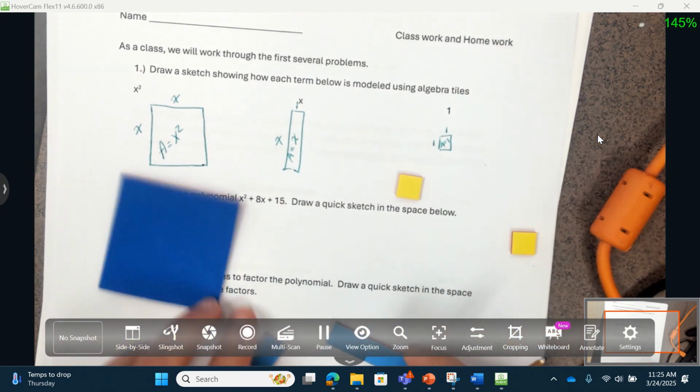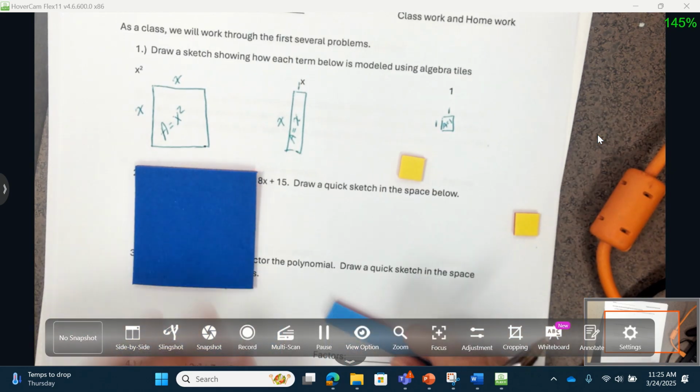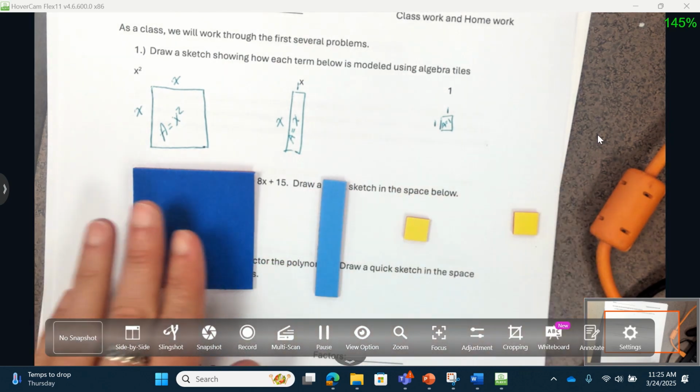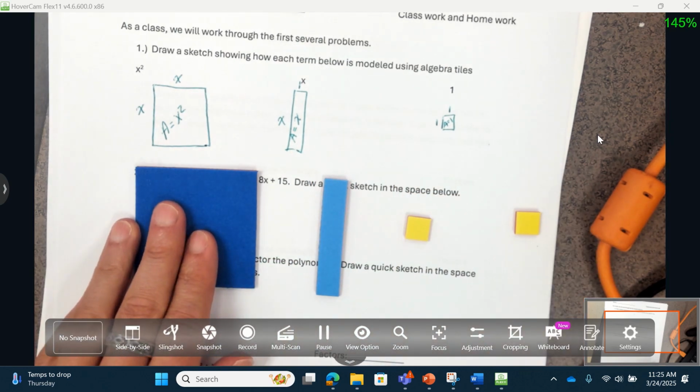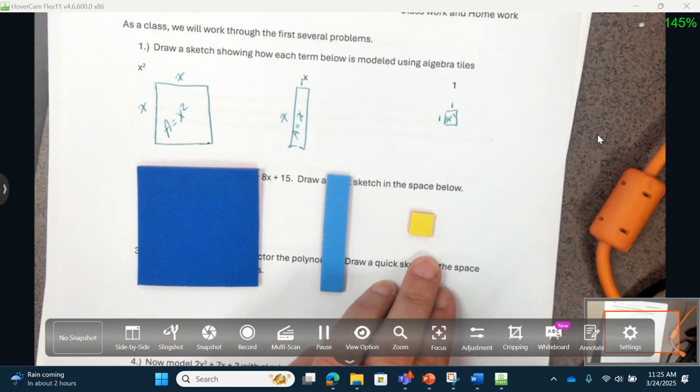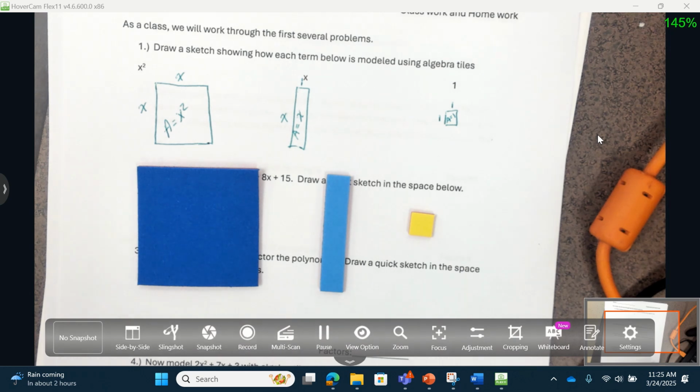So what we've done here is we've created this visual model with these 3 different sized pieces. The area of the large square is x squared, the area of the rectangle is x, and the area of the small square is 1. Now with that, we will be able to model all different kinds of polynomials and actually use the physical area and the manipulative nature of the algebra tiles to be able to factor trinomials.